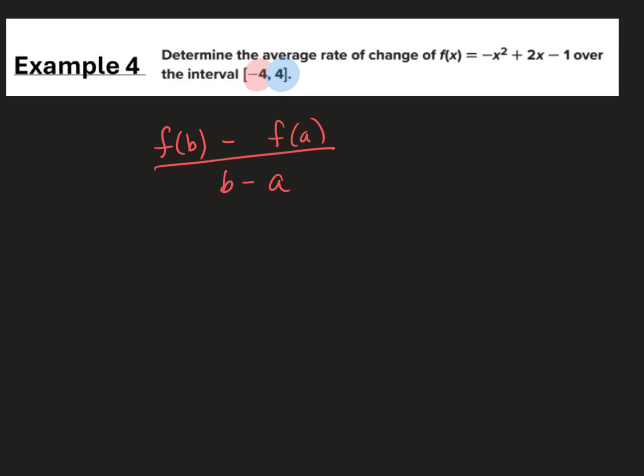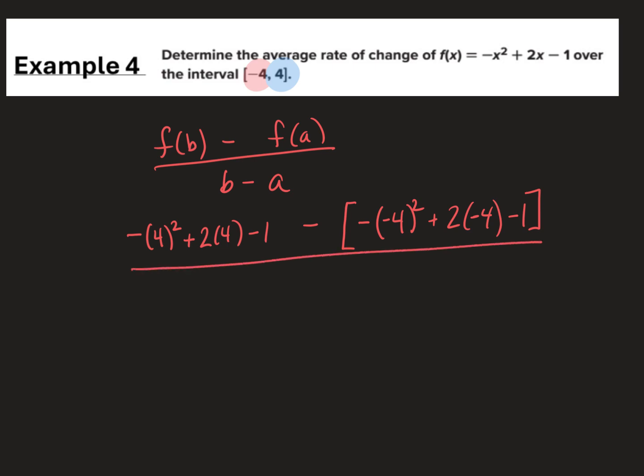F of b would be the opposite of 4 squared plus 2 times 4 minus 1, minus, and I'm going to put a bracket here so I can remember to distribute this negative sign to everything. So minus negative 4 squared plus 2 times negative 4 minus 1, all divided by b minus a. So my denominator is actually going to become 8.